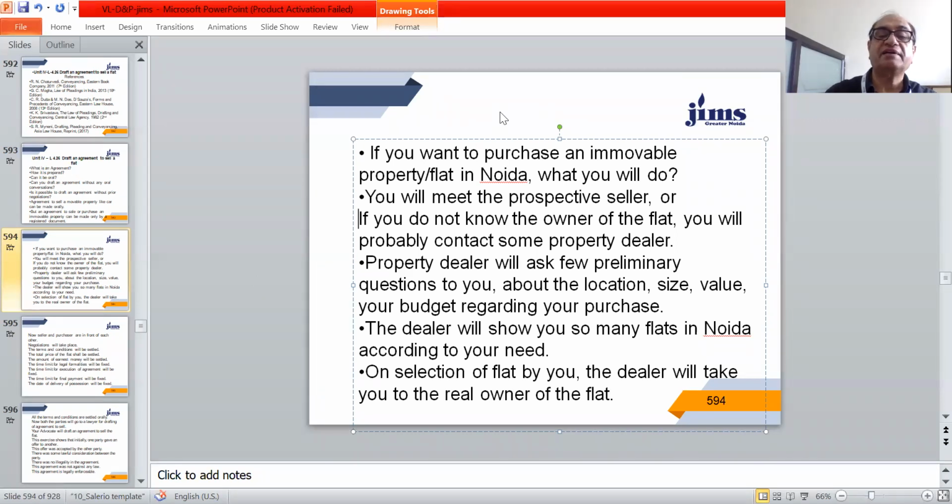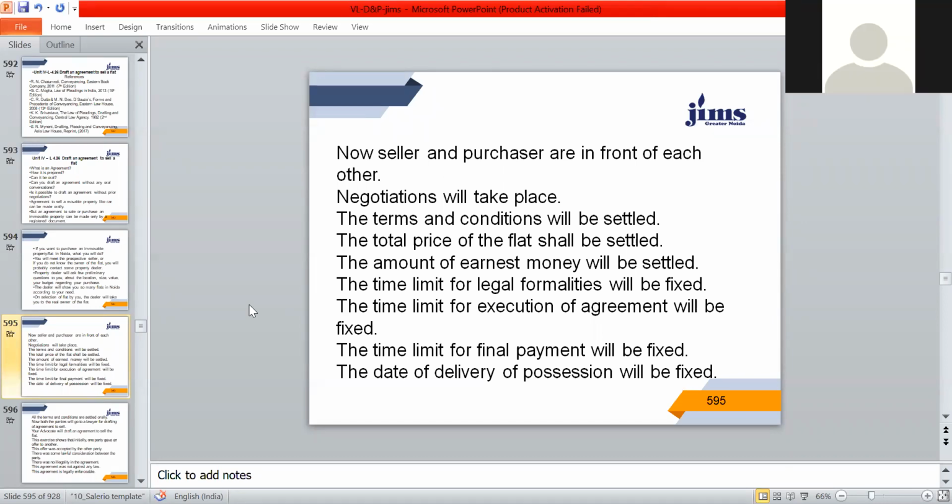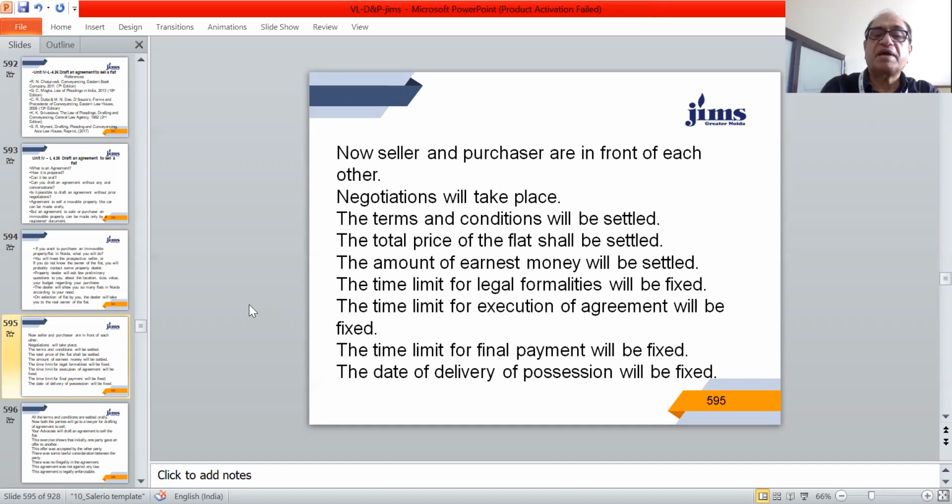You will select the flat, and on selection of the flat by you, the dealer will take you to the real owner of the flat. Now, seller and purchaser are in front of each other. Negotiations will take place. The terms and conditions will be settled. The total price of the flat shall be settled.